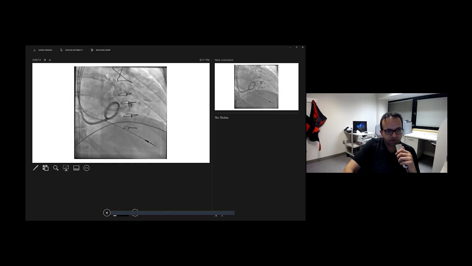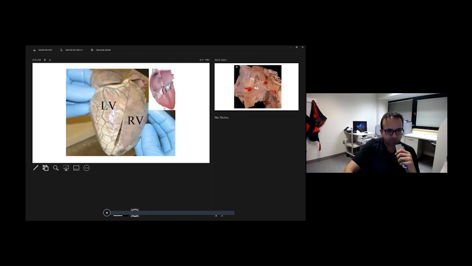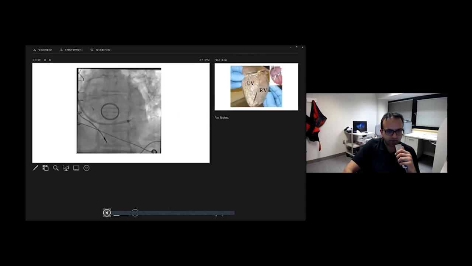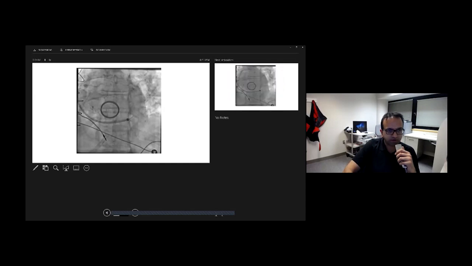But if you see here, you would start to see some branches which are coming more atrially. This is a little bit better seen in the LAO view, where you can see these small branches more on the superior aspect, which could certainly be the veins which we may want to target for pacing.